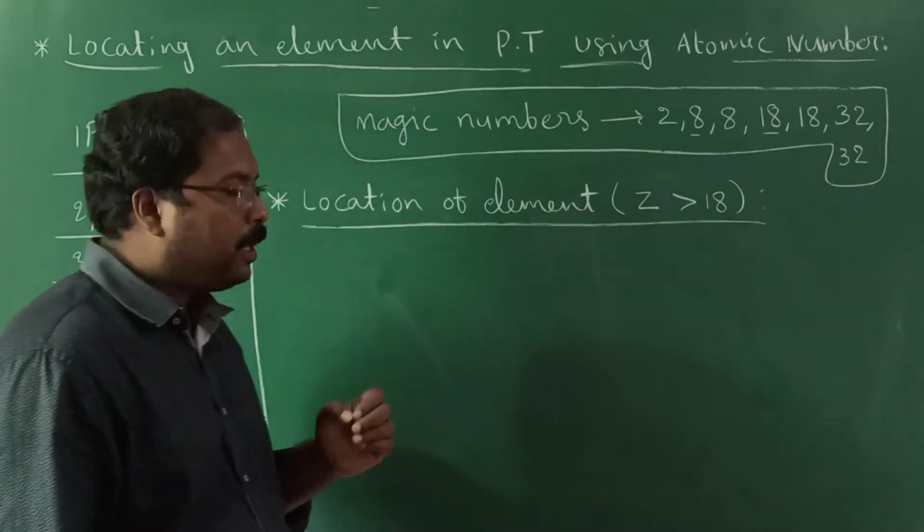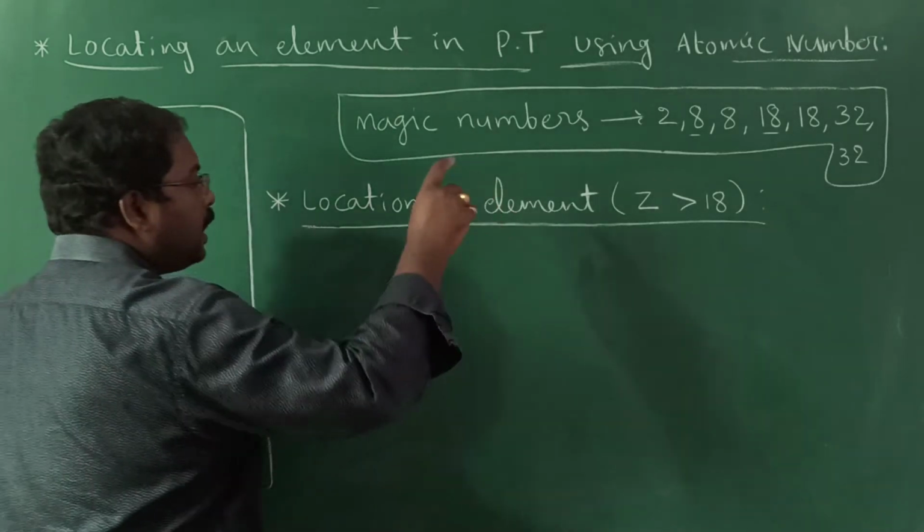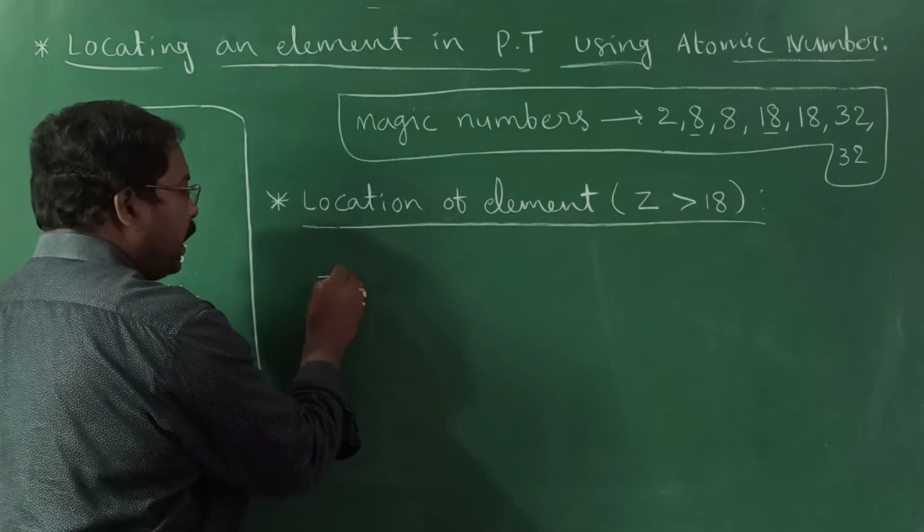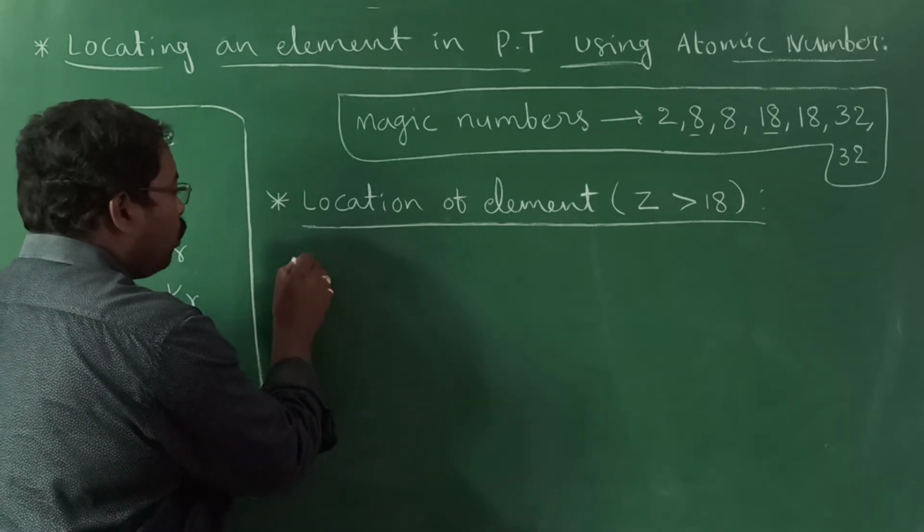Okay? How to find the location of the element, nothing but the group number?